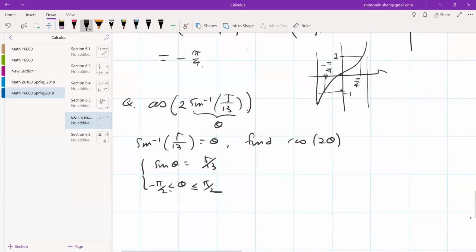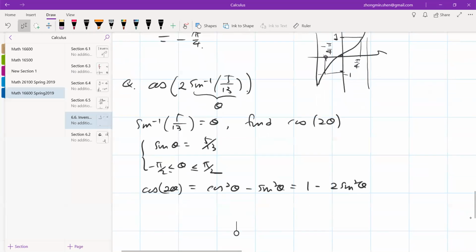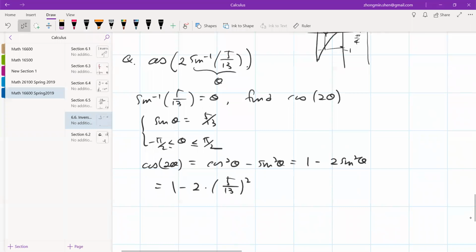I can use the formula cosine 2 theta equals cosine squared theta minus sine squared theta, or I can use 1 minus 2 sine squared theta, because I already know sine theta. Okay, I got this. Then you simplify it.